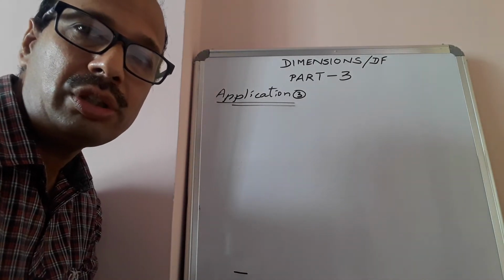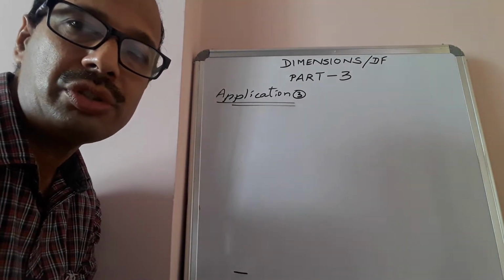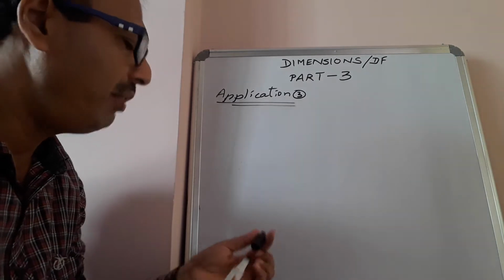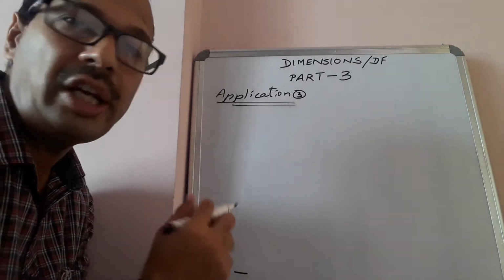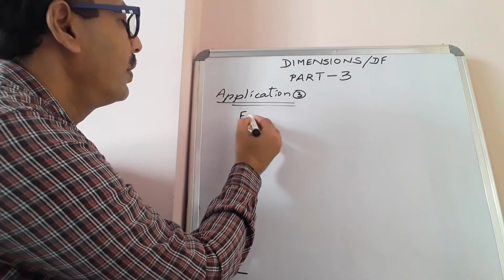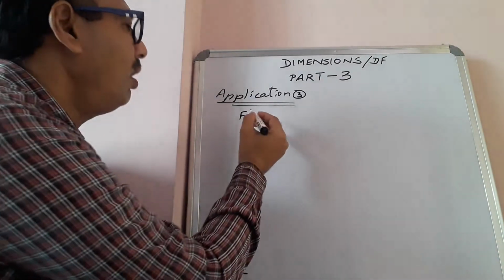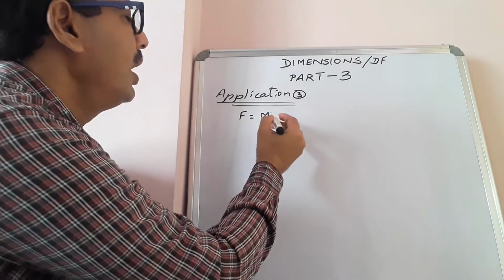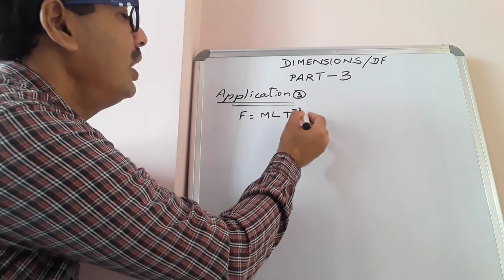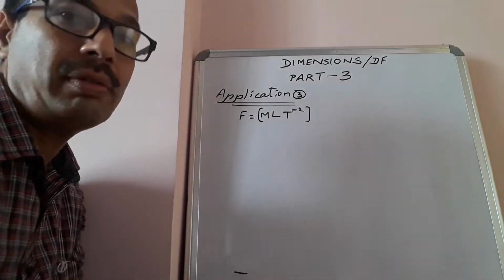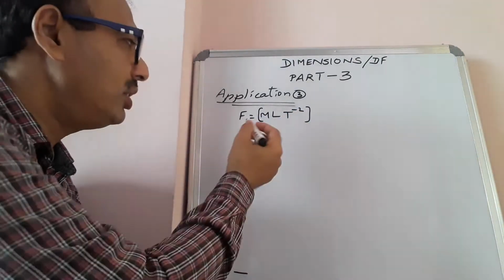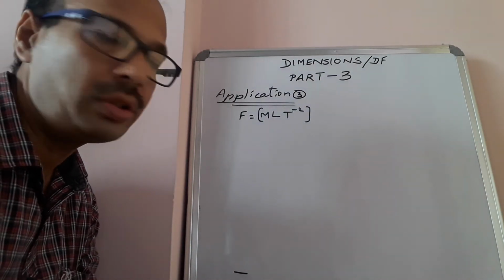How do we convert the unit of one quantity from one system to another system? For example, you see force. Dimension formula of force is m l t power minus 2. This is the dimension formula of force.